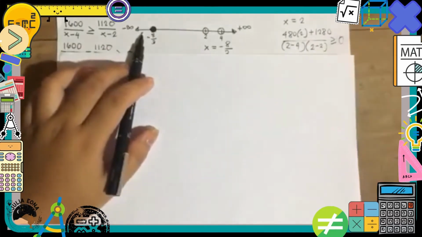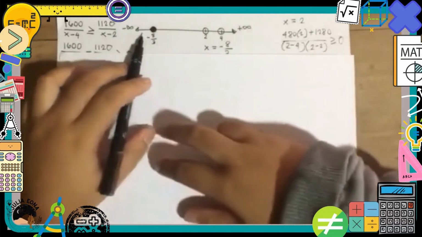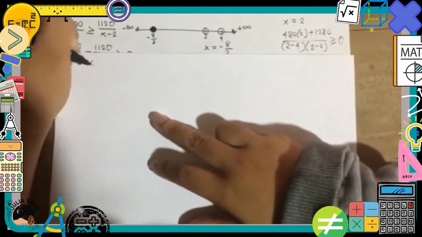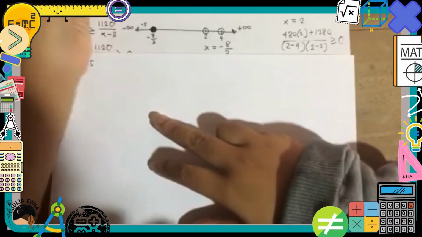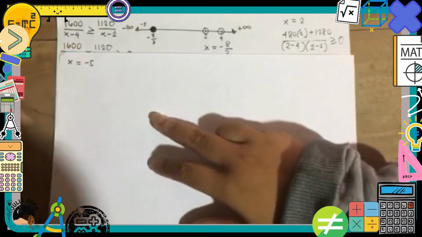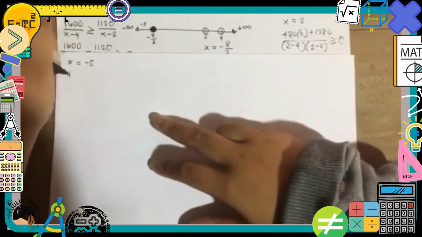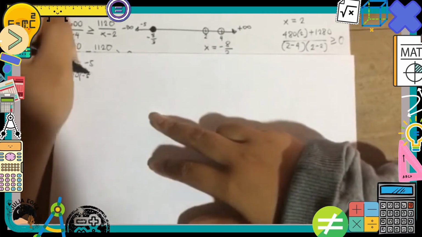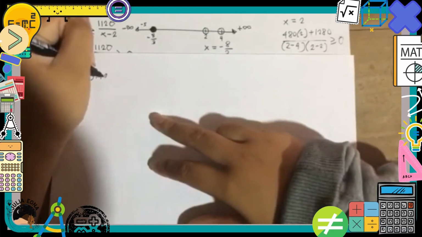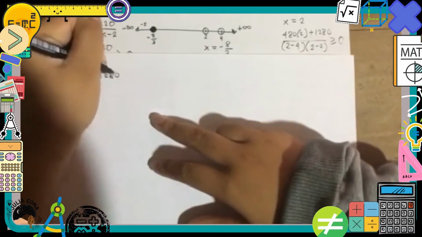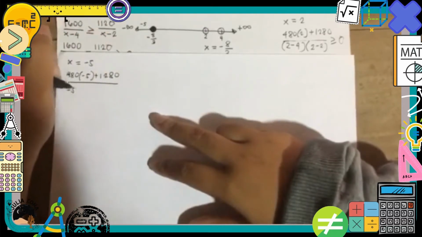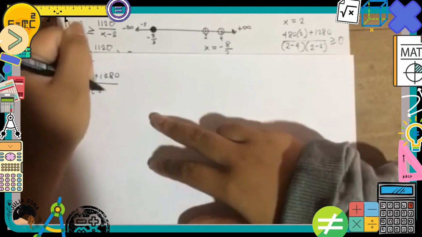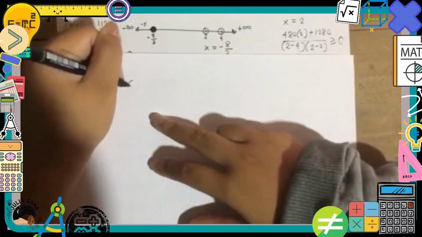So let's start here. Let's say x is equal to negative 5. So let's have negative 5 here, and let's substitute it. 480 times negative 5 plus 1280 over negative 5 minus 4 times negative 5 minus 2 greater than or equal to 0.